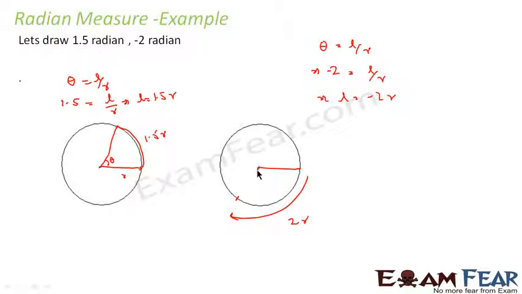This is the point, and this angle, I'll call theta 2, is nothing but minus 2 radian. We have seen how we plotted these. We use theta is equal to L by R, where theta is in radian. We found L, and then depending on positive or negative, we took the arc length and got the angle.